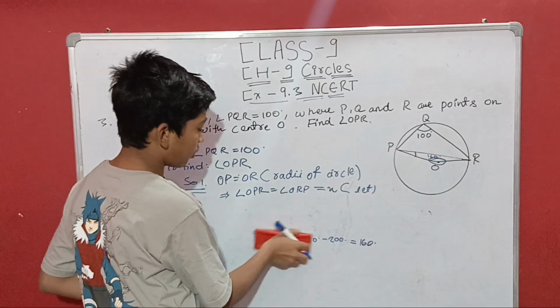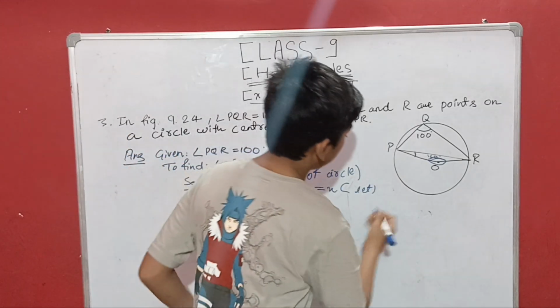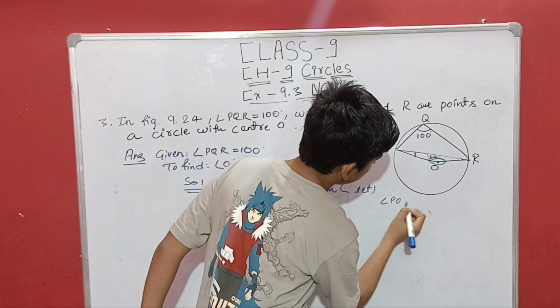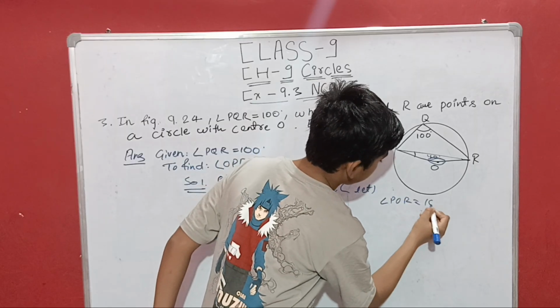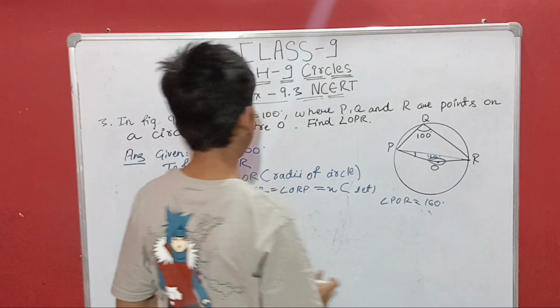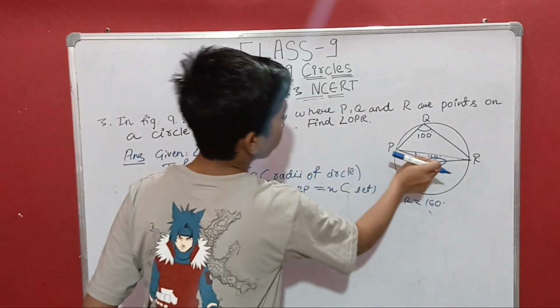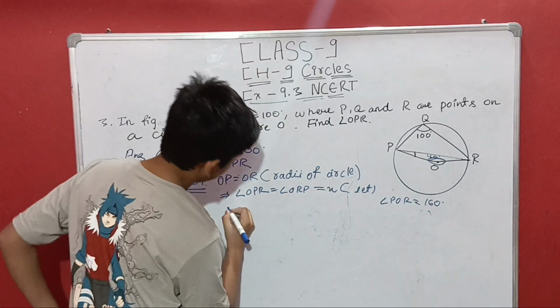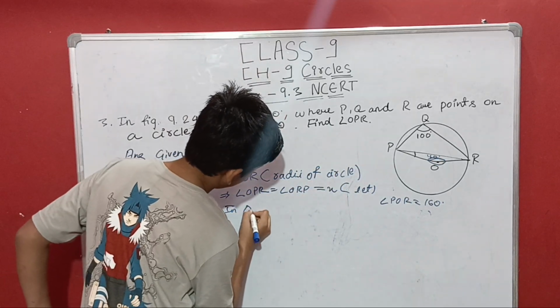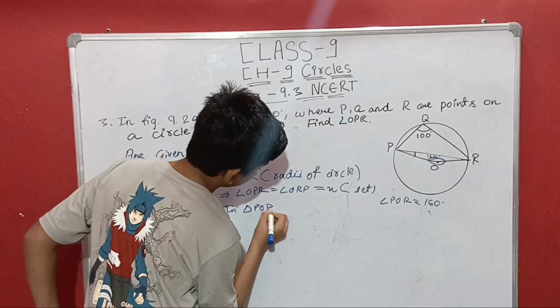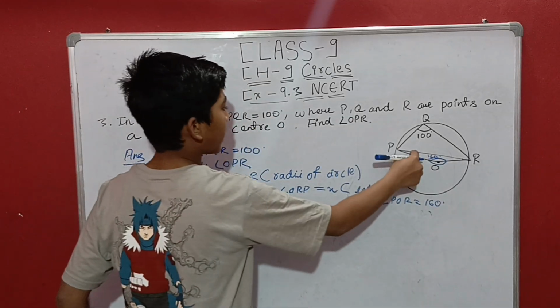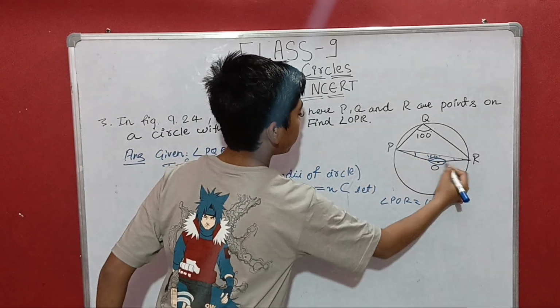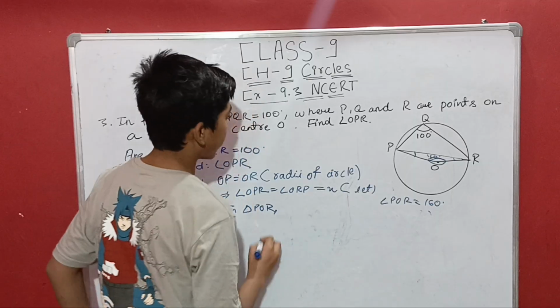So now we know that angle POR is equal to 160 degrees. In triangle POR, this angle plus this angle plus this angle is equal to 180 degrees.